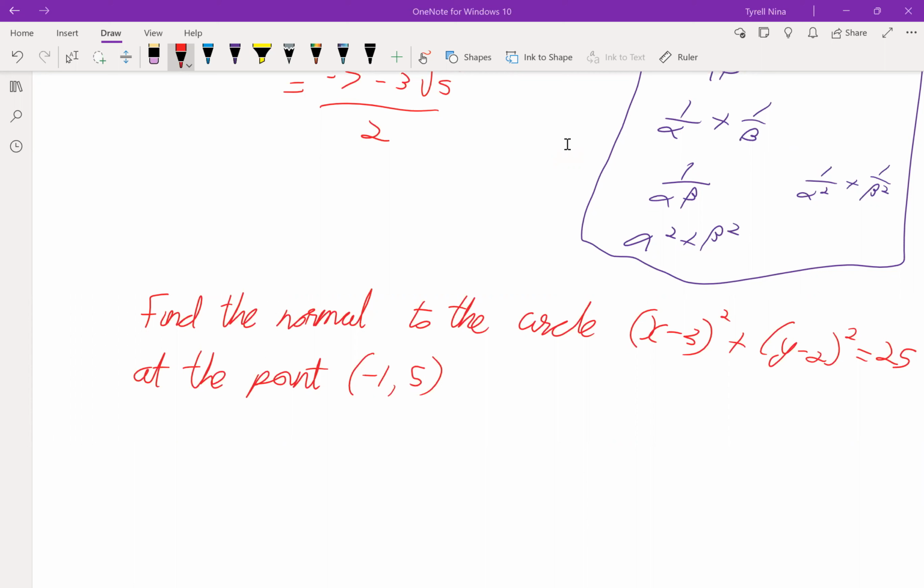The tangent would have a tangent gradient, the normal would have a normal gradient. If you want to see it as a diagram, if I have the circle like this, that's a horrible circle, and this is the point here, a line like this, let's say this is the radius, this would be the tangent, and a line going straight up would be the normal, all right?